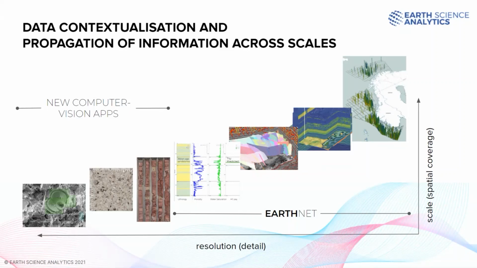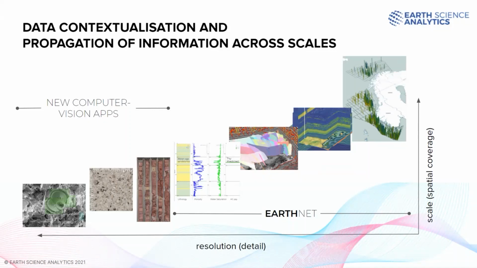So some of you might be familiar with EarthNet, the main software offering from Earth Science Analytics, which basically covers well data analytics, structural seismic interpretation, and 3D property prediction, as well as large-scale data analytics. And today we will be discussing a new family of applications that we are launching, dealing with images.